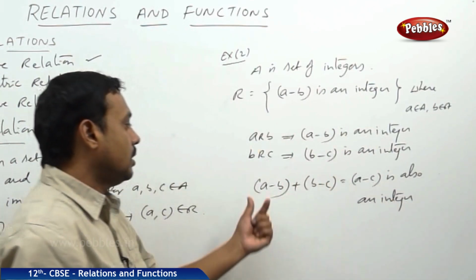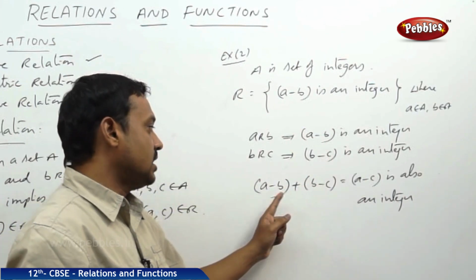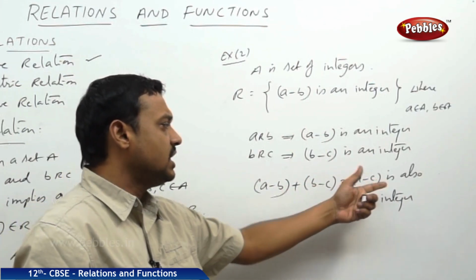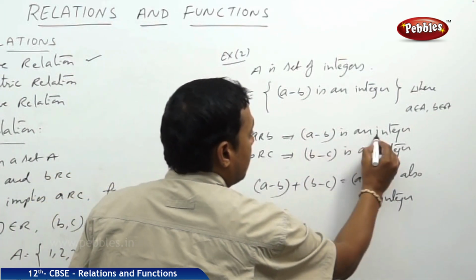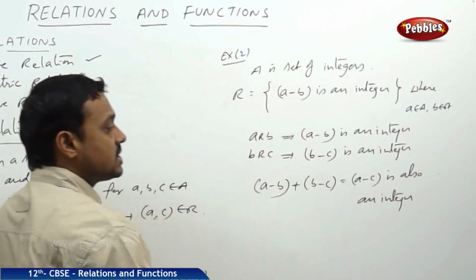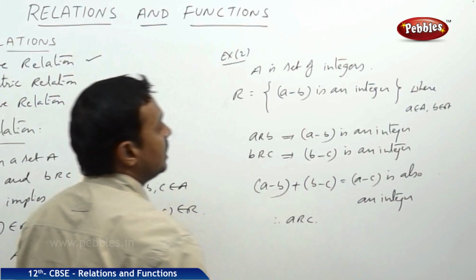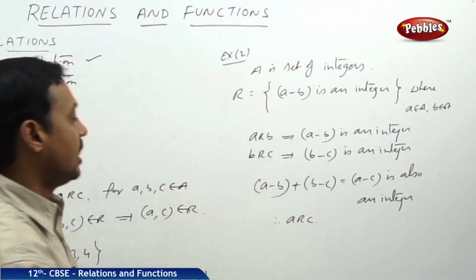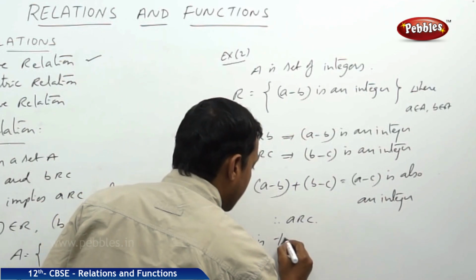Why? Because A minus B is some integer, B minus C is another integer. The sum of two integers, obviously, is also some integer. Therefore, when A minus B is an integer and B minus C is an integer, we are getting that A minus C is also an integer. Therefore, A is related to C. Hence, finally, the given relation R is a transitive relation.